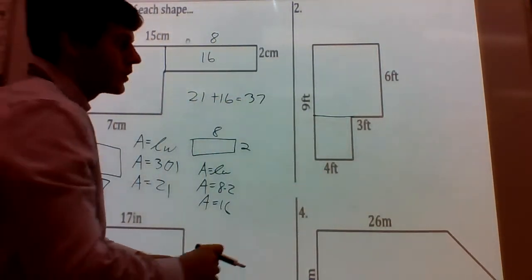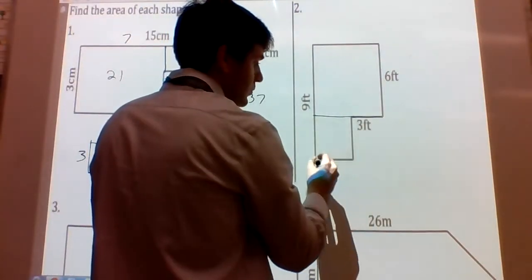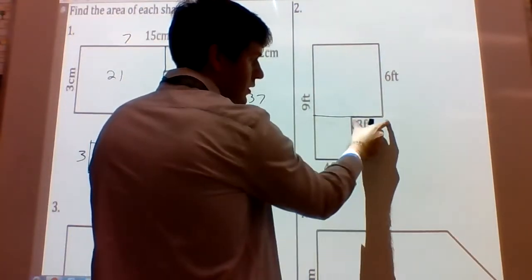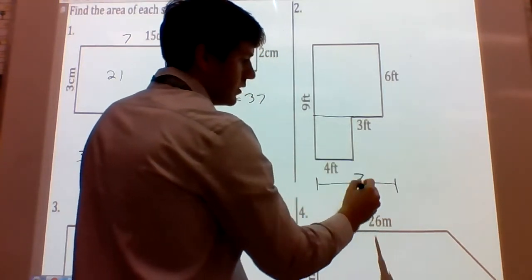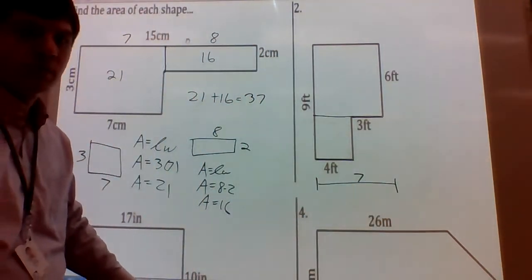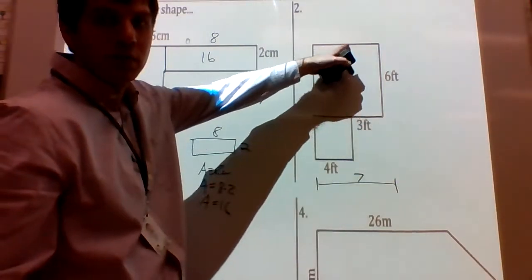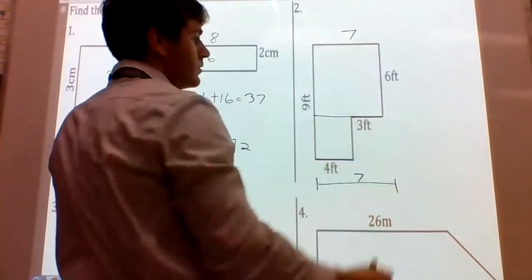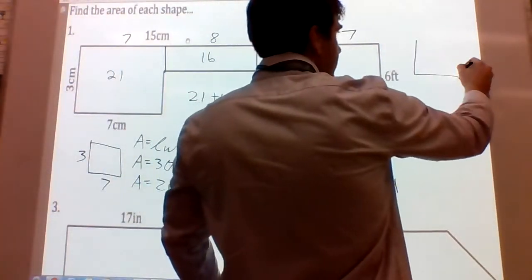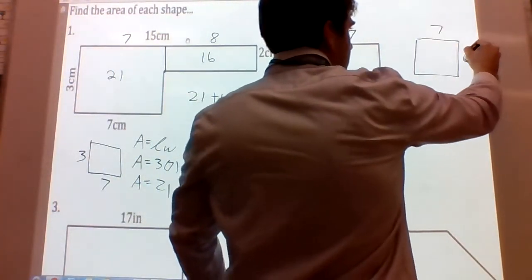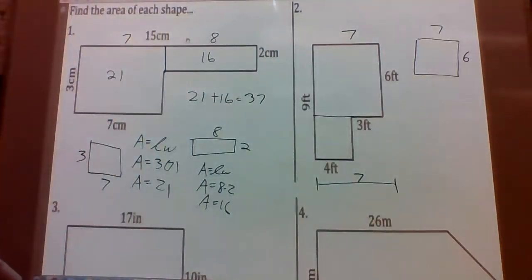So this piece right here is 3, and this piece is 4. So if we put these two together, the total width of the whole figure is going to be 7, which means this piece up here is 7. Okay. So this big rectangle is 7 by 6.